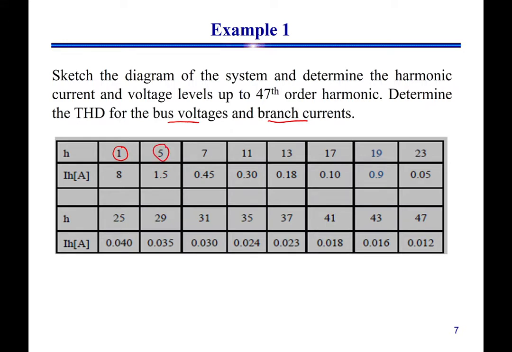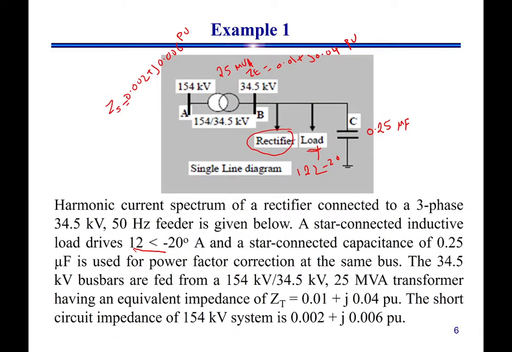So the current will be given. So anyhow, what we like to do is find the voltage, the total harmonic distortion for the bus voltage and for the branch current. Okay, so all those currents need to be calculated. Okay, of course this is given.